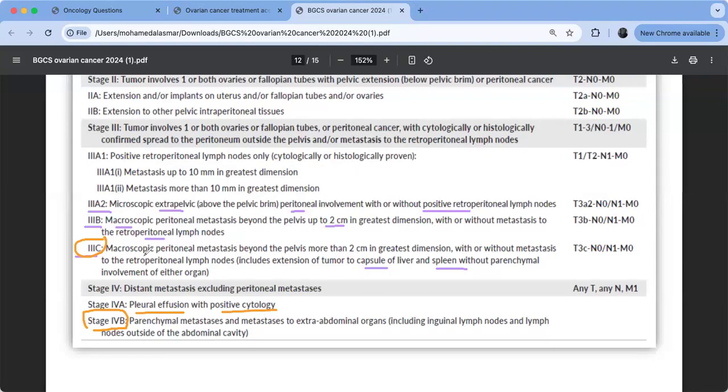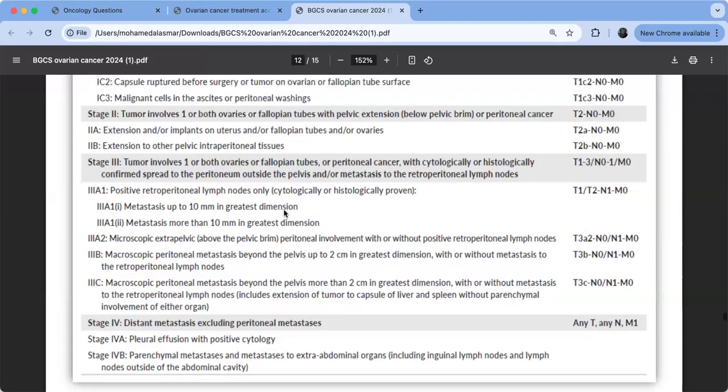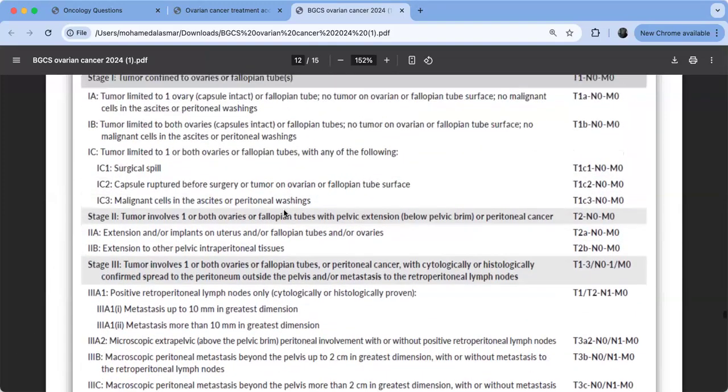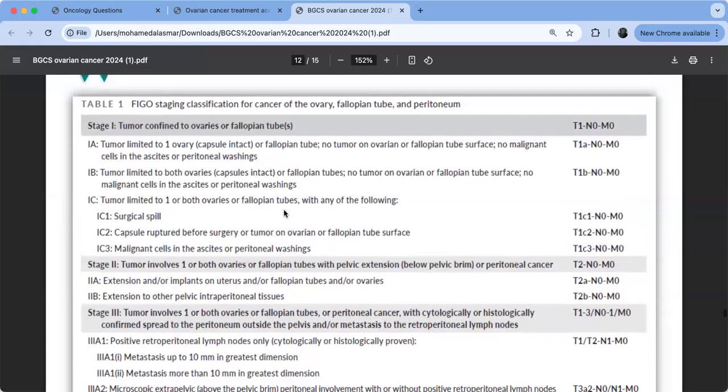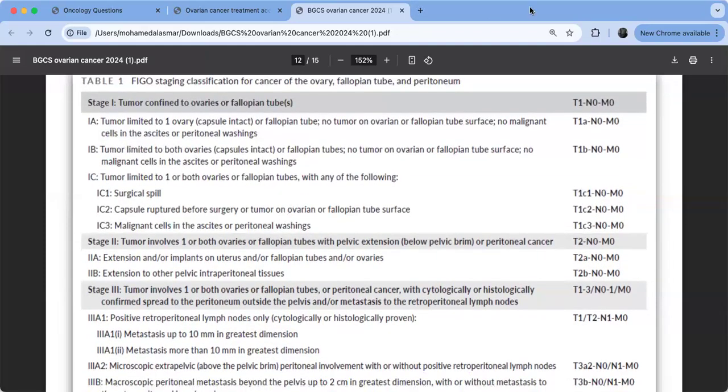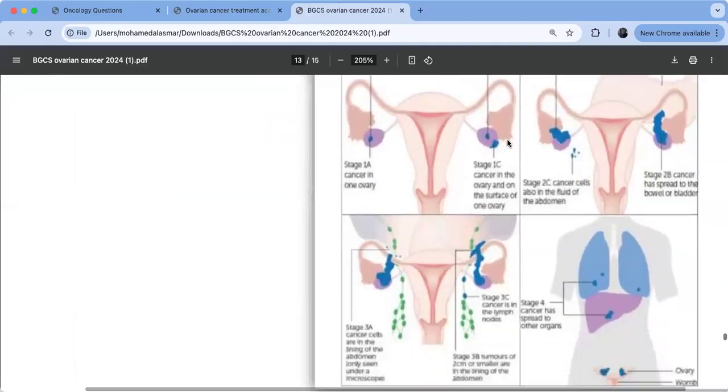So I think that the ovarian tumor questions or the staging is easier, right? It's very easy in the staging and it's very easy in the summary of the management, because the management simply depends on the risk.